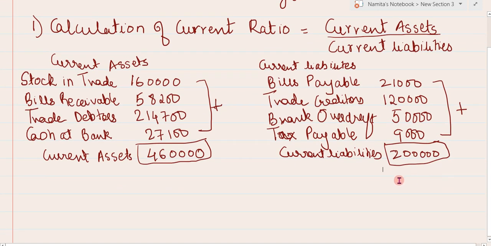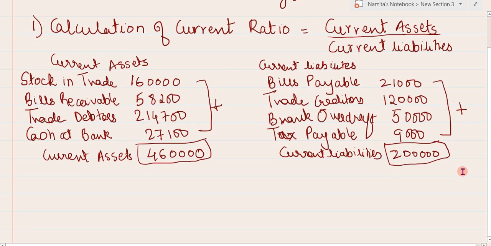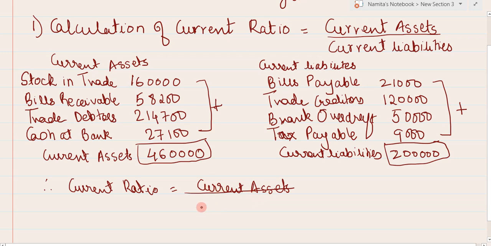Now put these values of current assets and current liabilities in the formula. Calculation of current ratio is equal to current assets upon current liabilities.